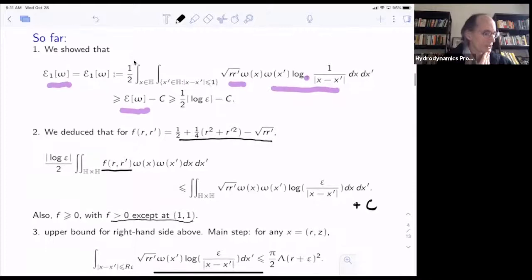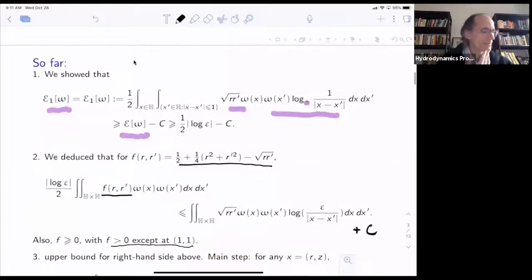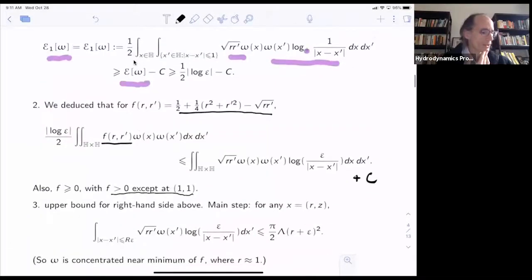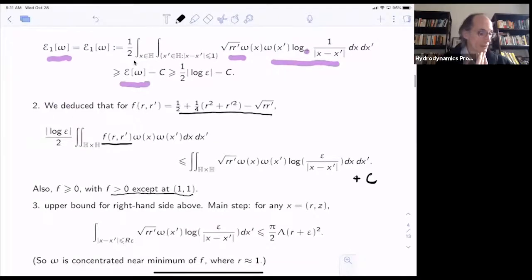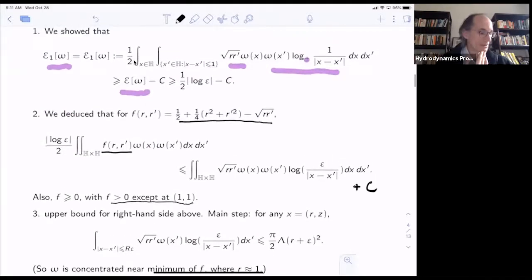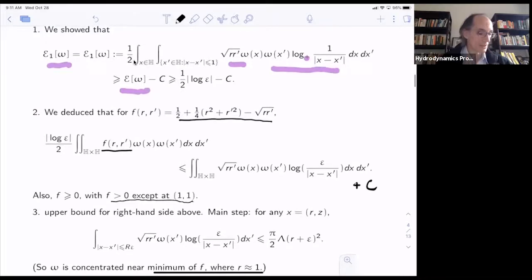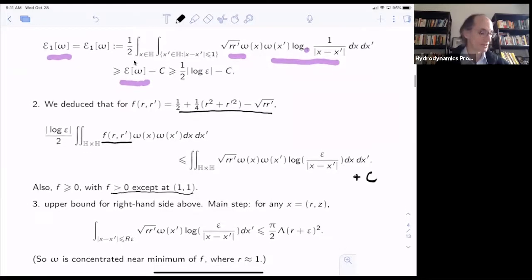So then we proved an upper bound for the right-hand side. The main step was the one exhibited here. If we fix R, here's the point at which we use the assumption that the L infinity norm is bounded above by 1 over pi epsilon squared.